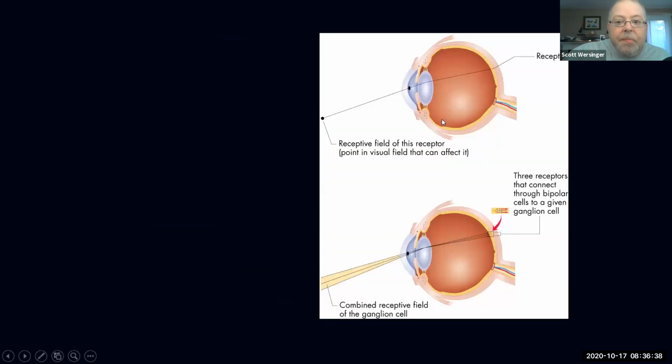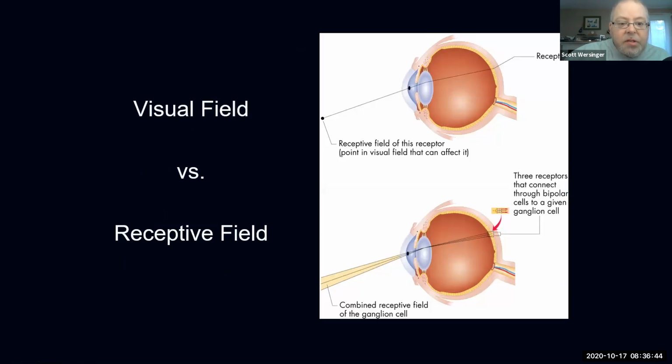All right, so right now, I want to distinguish between your visual field versus receptive field. Okay, so this is something students often get confused about. You need to be able to keep these straight in your mind or you will get confused.